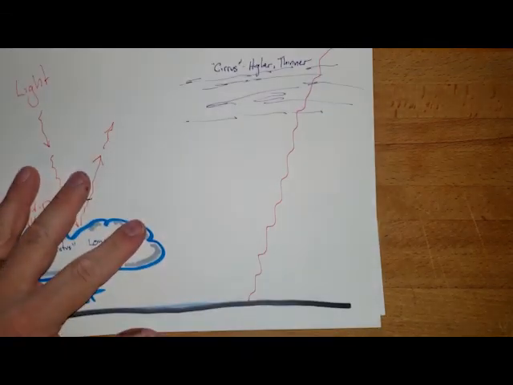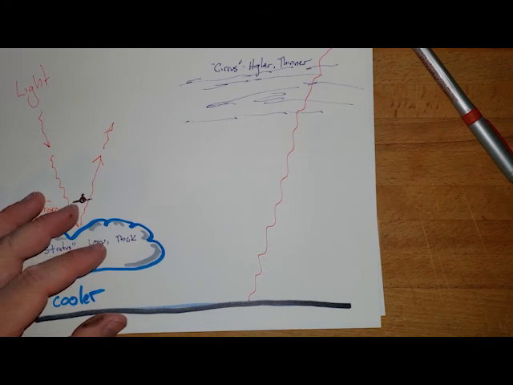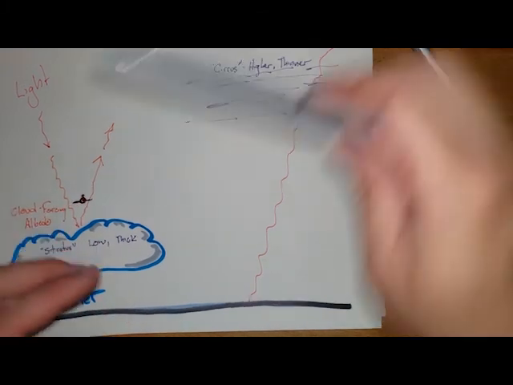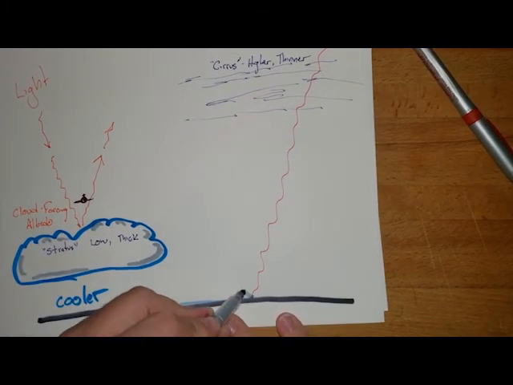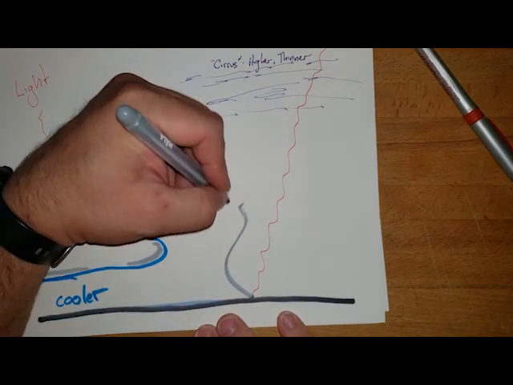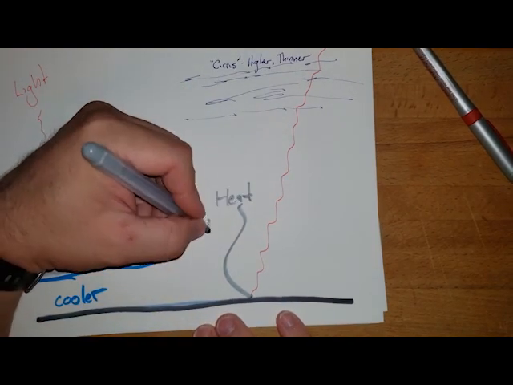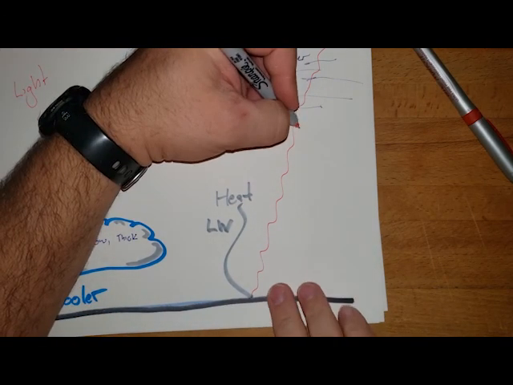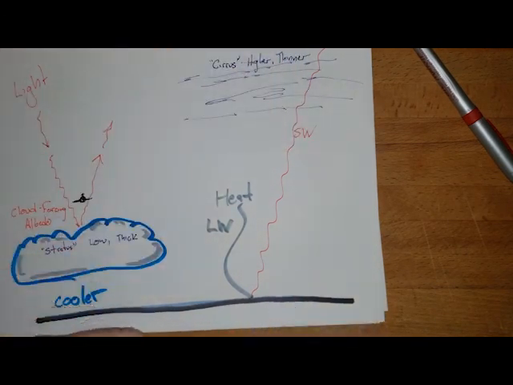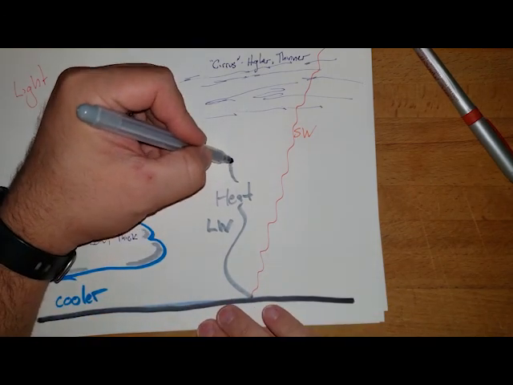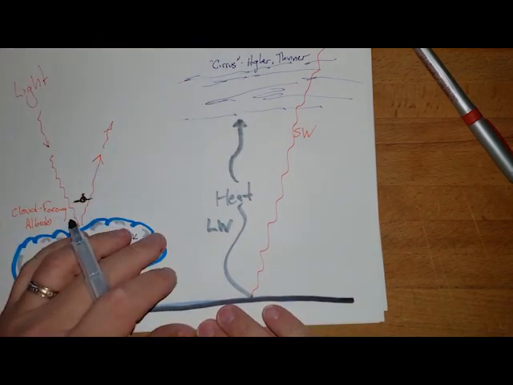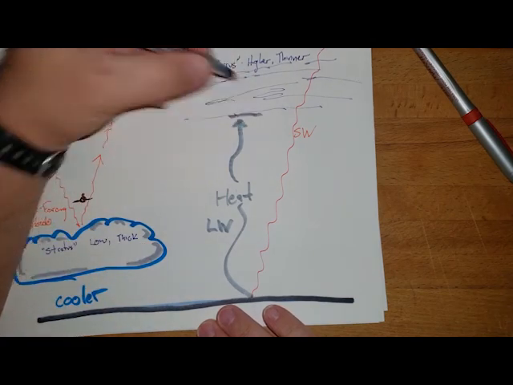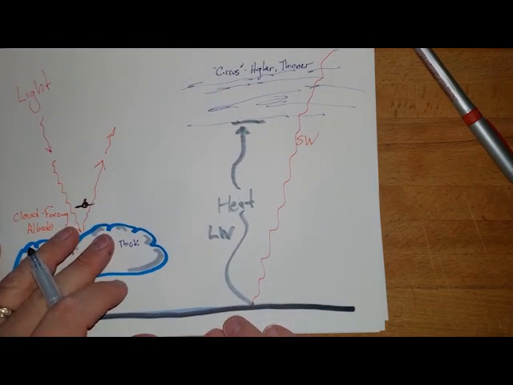The light then hits the surface, gets converted into heat energy, and that heat energy then, as long wave heat. Long wave. Do you get this idea that I care about what's long wave and short wave? Short wave. Well, here's the deal. These higher, thinner clouds, water vapor in the sky, and even these guys, sometimes they block this heat from escaping, from making it all the way out to space.